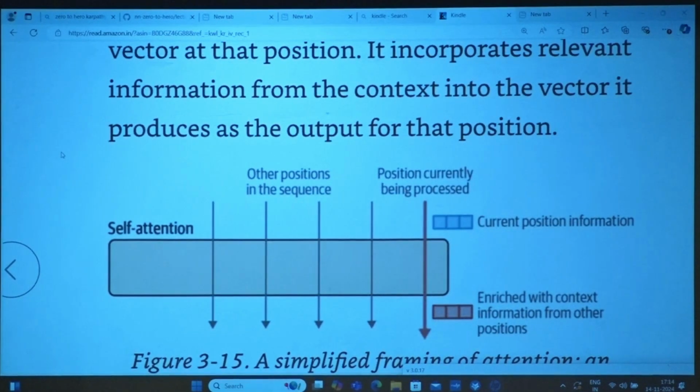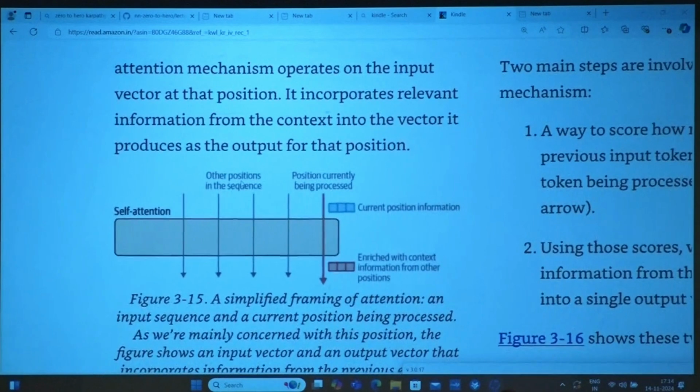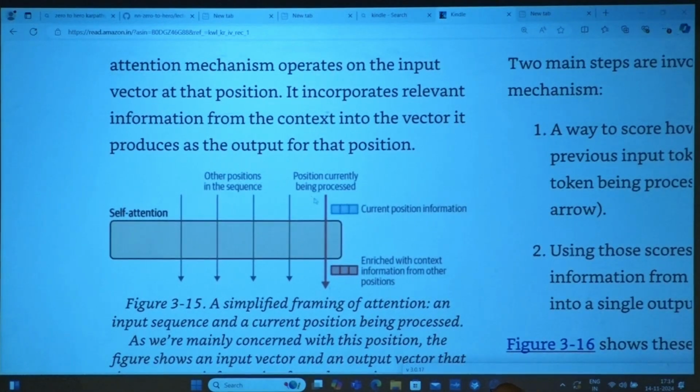Now it is looking at the previous words. But you just said each word is processed separately. Correct, because of parallelization. But when I am looking at this word, I am looking at all the previous words.